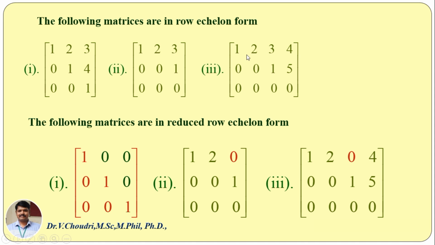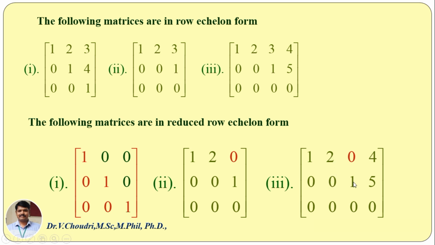And come to this one, leading diagonal element 0, 0, 0. Okay. Now this entry is not 1, so don't worry about that. And here, if 1 is present in the second entry of the second row, we can make it 0.